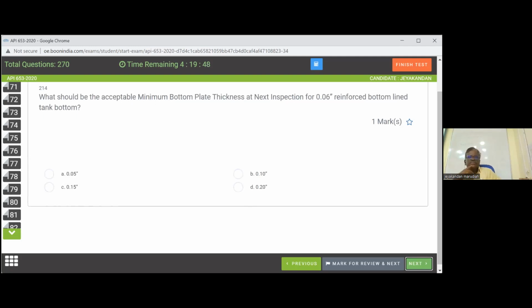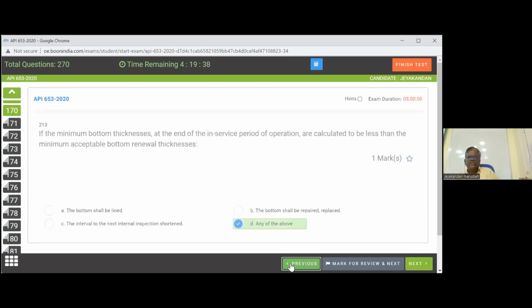What should be the acceptable minimum bottom plate thickness at next inspection for a 0.06 inch reinforced bottom lined tank? Could you go back to the previous question? Yes. So any option we can go with. Better we can line, repair or replace, even cathodic protection is allowed. Is it okay?